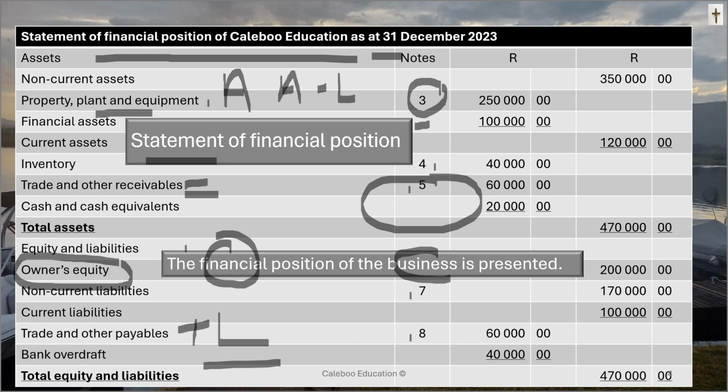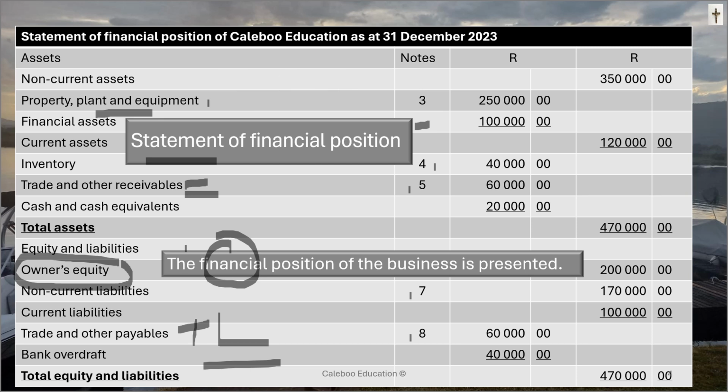I've covered up here with this sign, but note number 6, we will be looking at owner's equity. So what we've got here is the accounting equation shown on a document. Let me rub this out because it's getting a little bit too busy and it's not as clear as it should be.